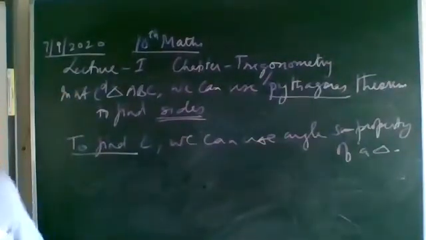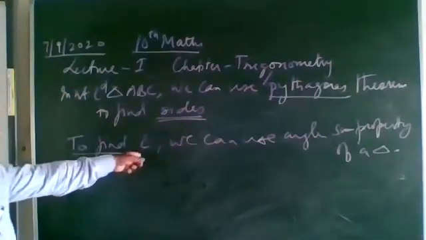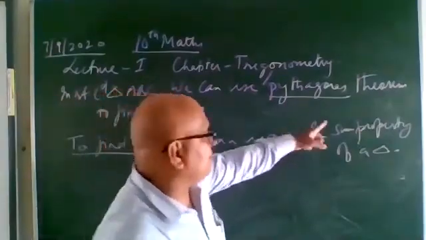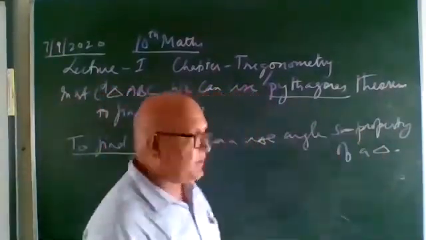Now, to find angle, we can use the angle sum property of a triangle.